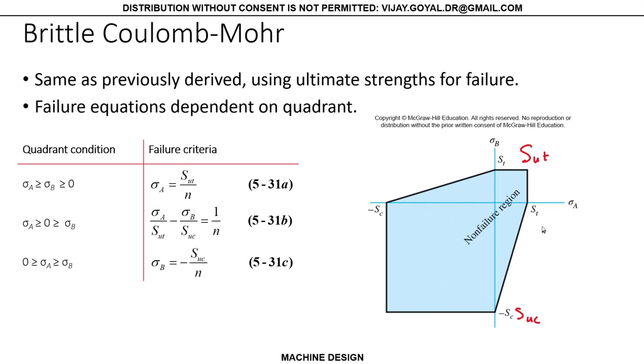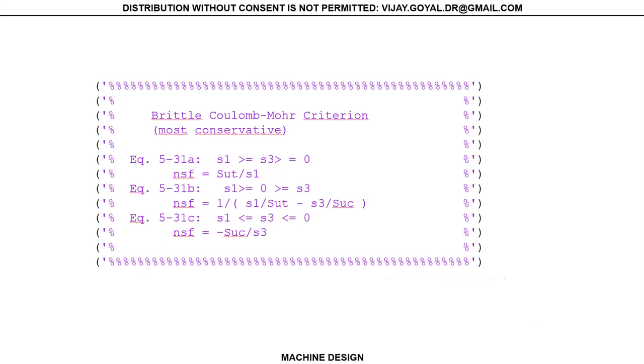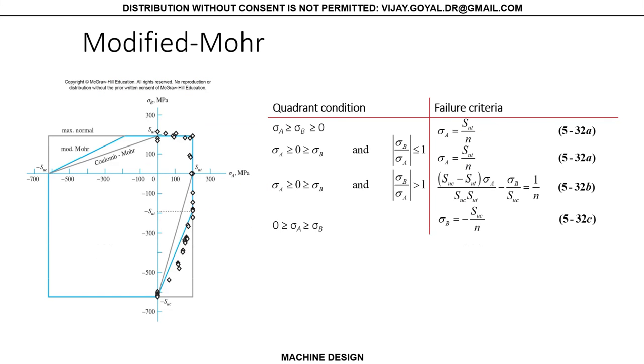We only have ultimate. So this is the region that we are using. These are the equations, and in MATLAB, it's very easy to program that. It's a simple equation, and depending on the case, we've got 3 different cases. We just apply them.